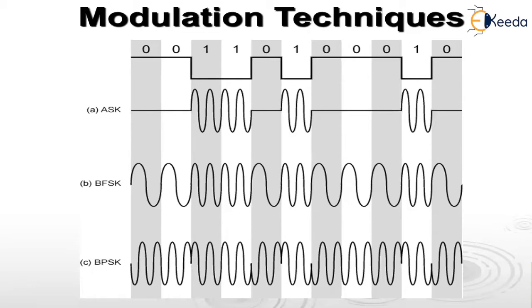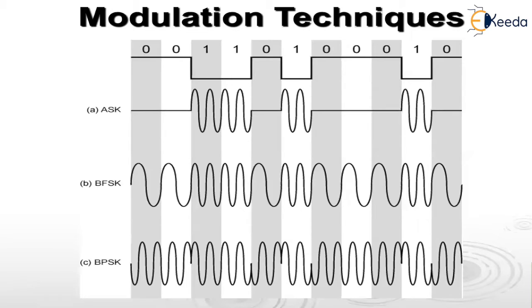Then in the last figure, BPSK is shown. In PSK, the phase of the carrier signal is shifted for representation of the data. The simplest scheme uses two phases to represent the two binary digits, which is shown in figure C.